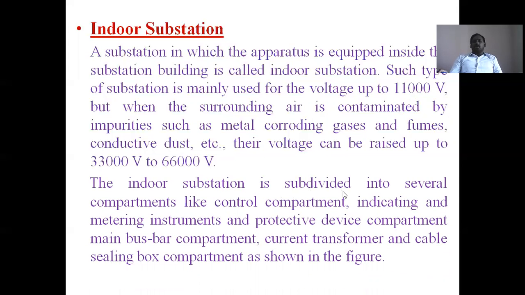It is subdivided into several components. What components exist in it? First, the control compartment. Then indicating and metering instruments. Next, the protective devices compartment, main bus bar compartment, current transformer, and cable sealing box compartment.